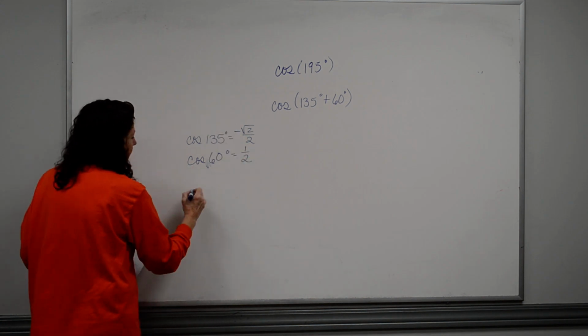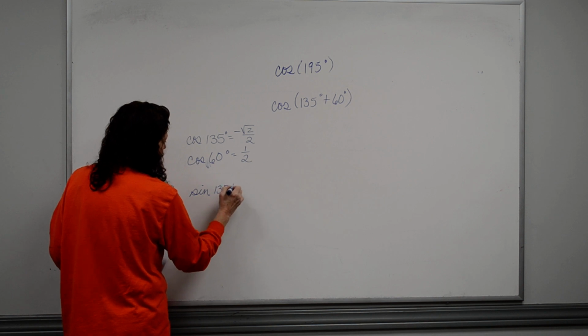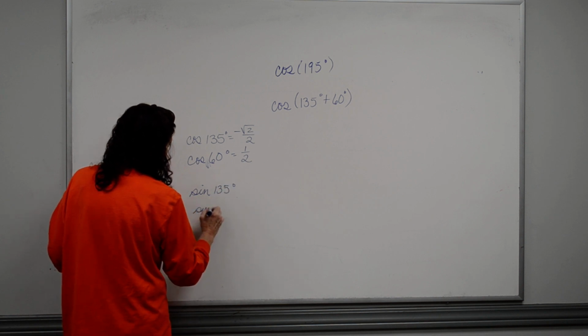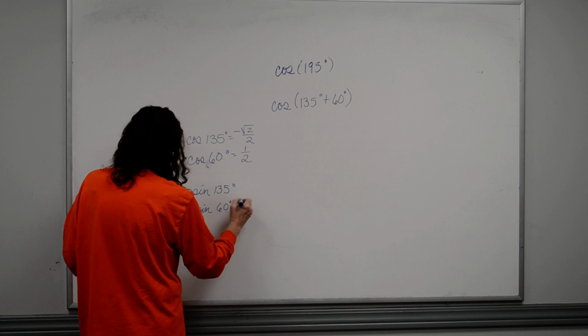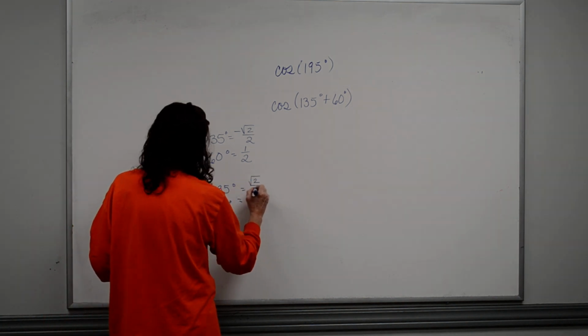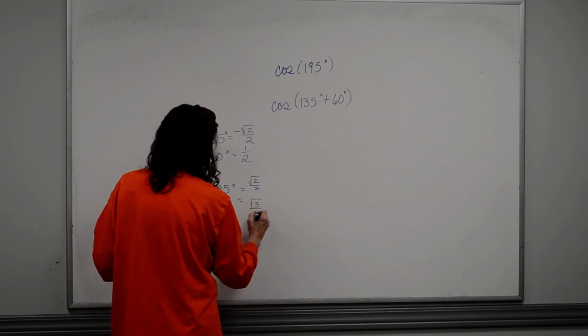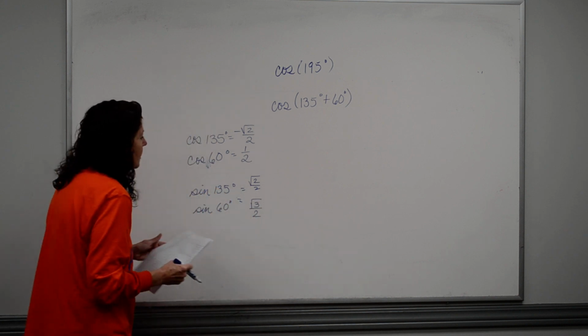But we need more than that. Because of our identity, we also need the sine of 135 and the sine of 60. The sine of 135 is a positive square root of 2 over 2. And the sine of 60 is the square root of 3 over 2.